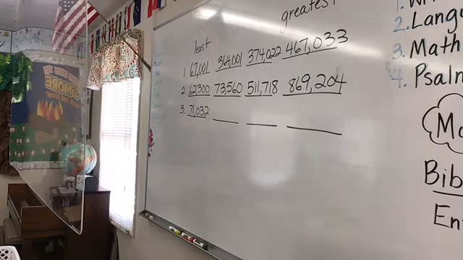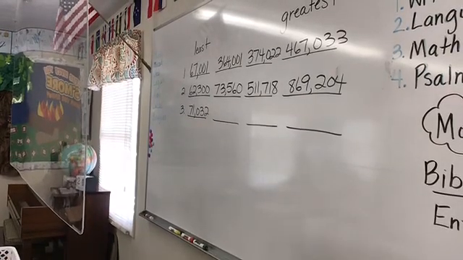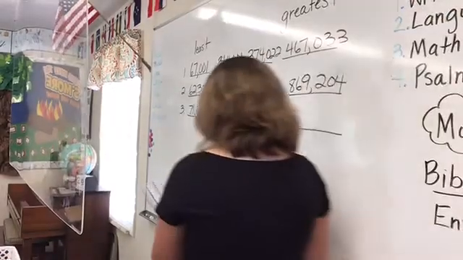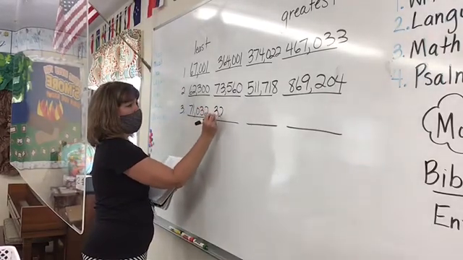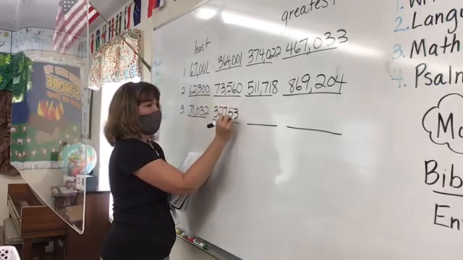Nicholas? 300,000. Well, say it together and then say thousand. 327,530. Very good. Hard to say.